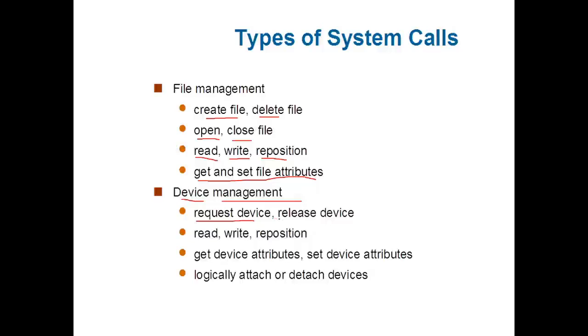When it is finished, the release system call will be called. Then read and write system calls are used to get information about the device. Get and set attributes are used. Logically attach or detach devices: if you want to know which devices are attached and detached, the attach and detach system calls are executed.